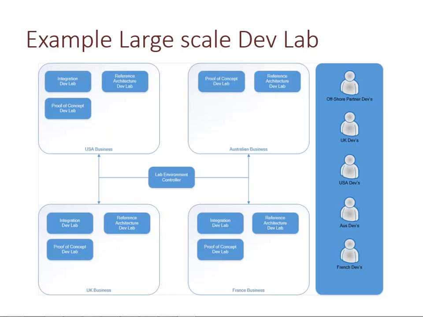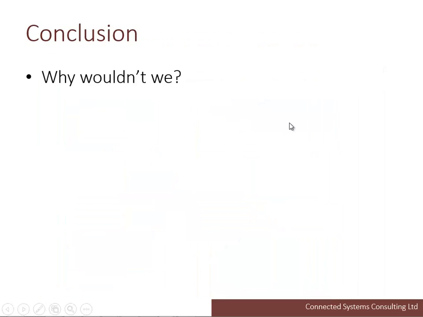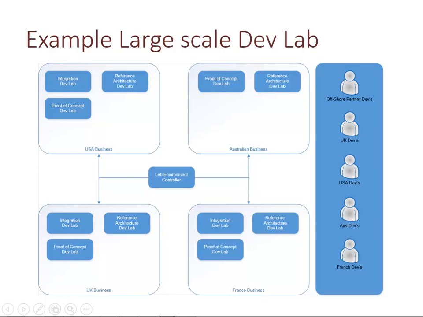But if we look on the right hand side here, imagine we've got these developers: the UK devs, US devs, and some partners who are offshore. Let's say the partners are typically working with Australia, and we've got the Australian devs here, all working in a lab in Australia.